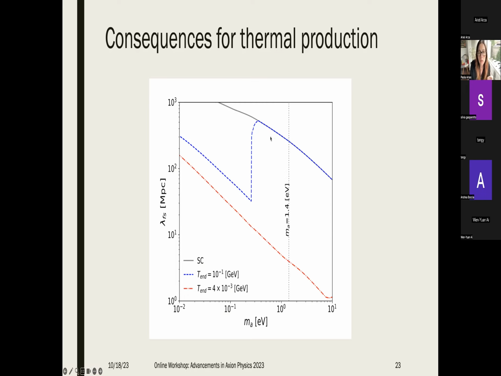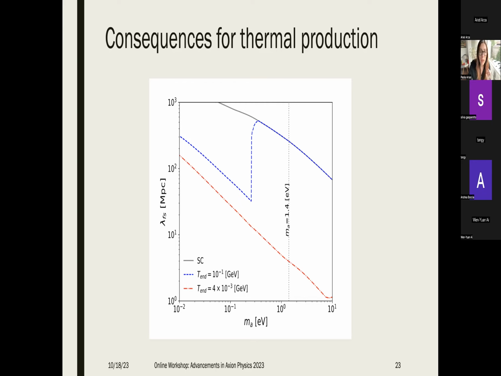And you can see that, for instance, if you have a Tn of 10 to the minus 1 GeV, a mass of 10 to the minus 2 can have more or less the same free streaming length as an axion of a couple of electron volts. So the impact can be quite severe.